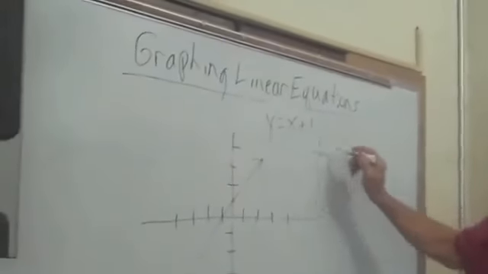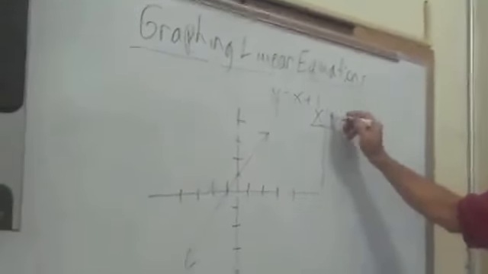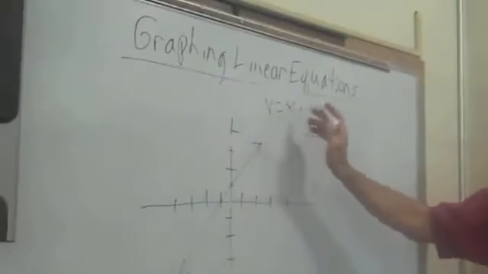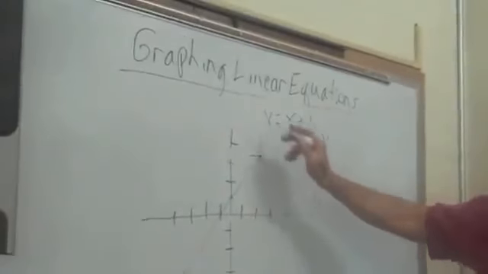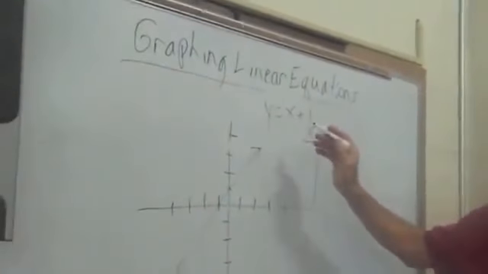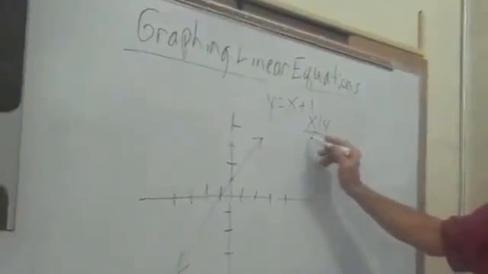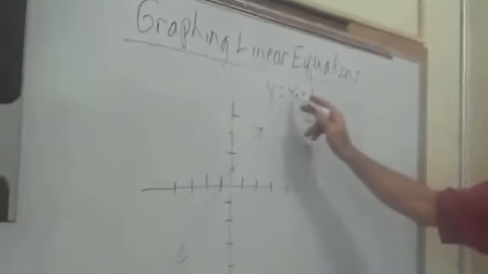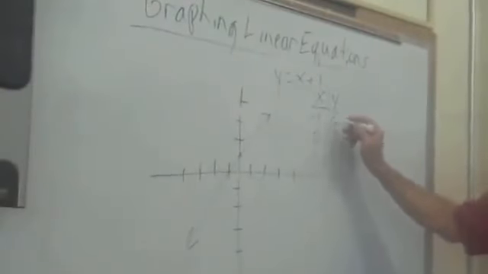So you put an x and a y, and you can pick anything here for x. If it's y equals something, I'm going to choose things for x. If it's x equals something, I'm going to choose some things for y. In this case, I'm just going to choose -1, 0, 1. Stick in -1 here, and you can see that y is going to be 0.